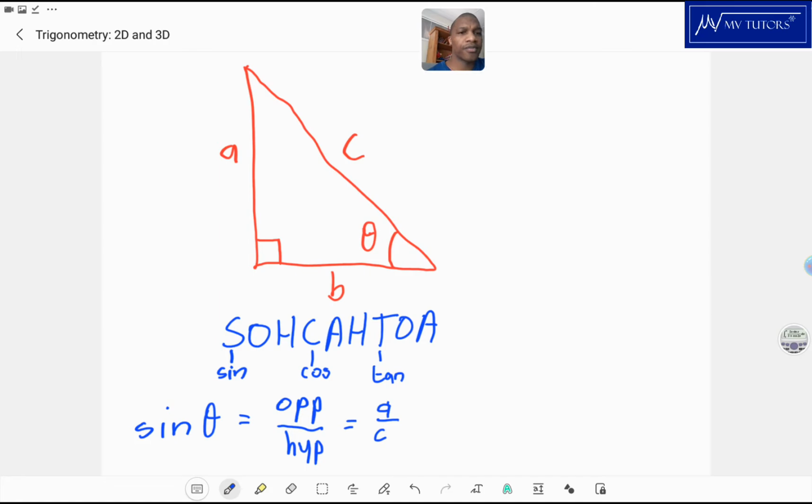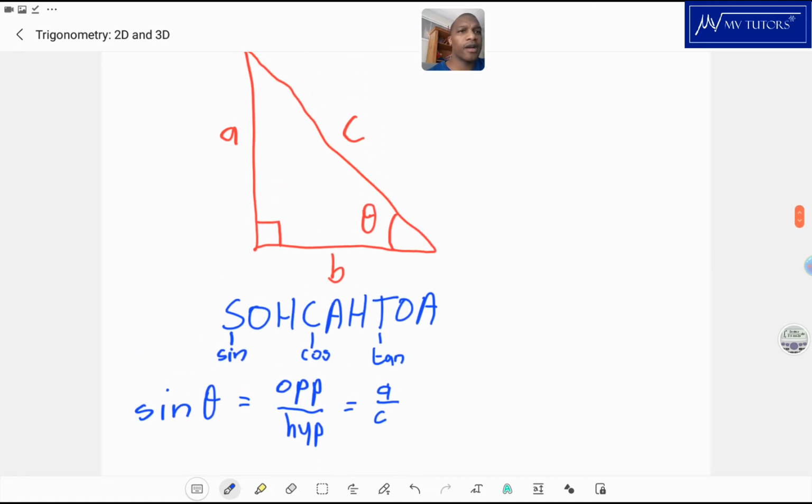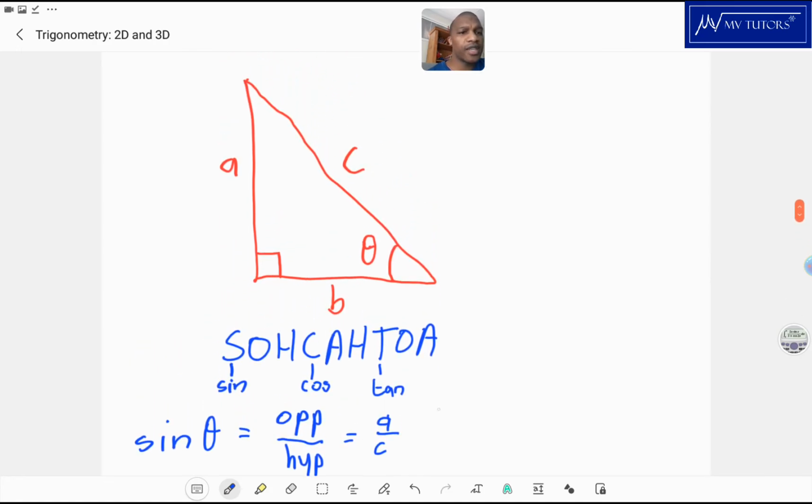Okay, now if we move on, let's do the cos. Cos theta is equal to adjacent over hypotenuse. These are basics, right? You probably know them, but I just wanted to put them on the record.